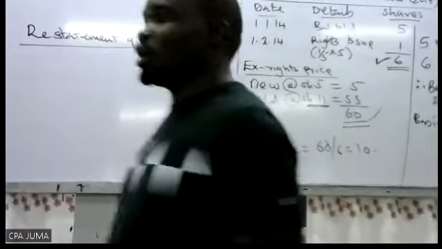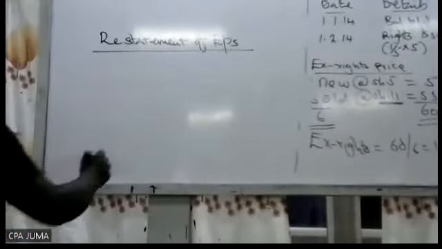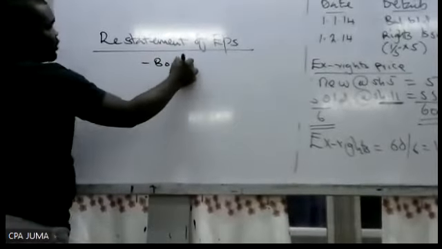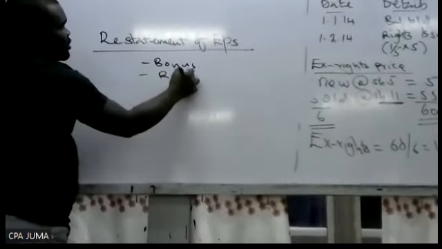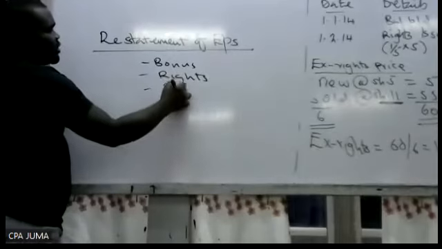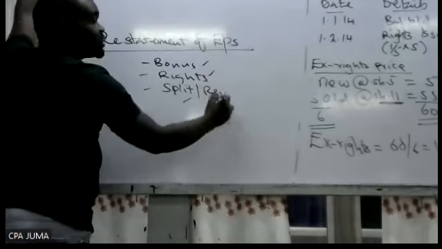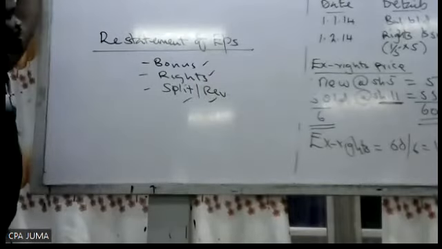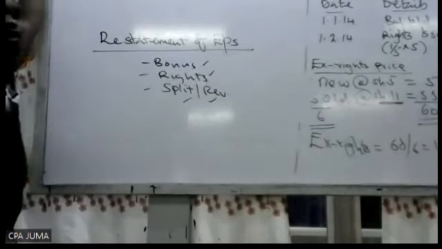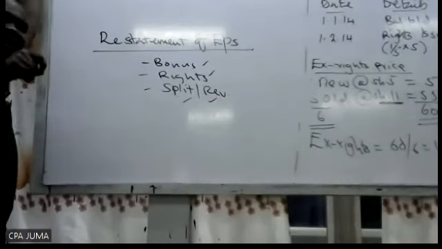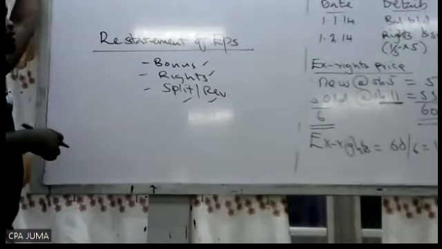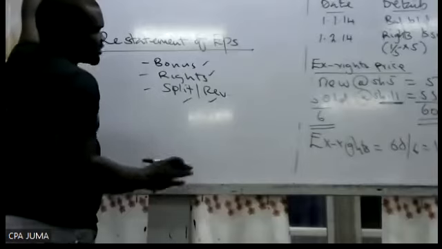So now, what are you going to do? Bonus, rights issue, share splits, and even reverse, all these four. Because with a bonus, you are giving shares for free, so you have to finance it from somewhere, maybe from reserves.